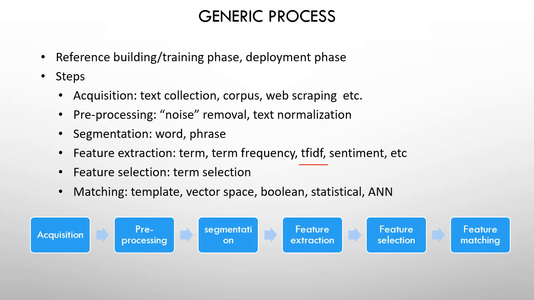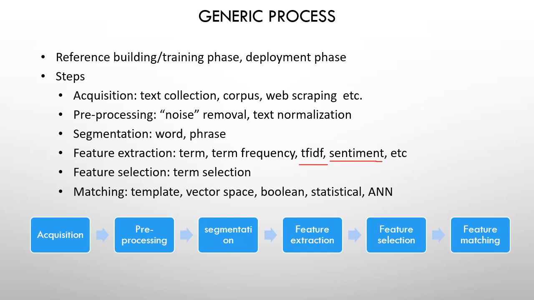Then we have sentiment, where we say, for example, if somebody looks happy with something or supports something, for example, in the presidential elections, who is likely to support candidate A and who is likely to support candidate B, etc. Then we continue with feature selection, or term selection, where we decide which terms we really need and which not.